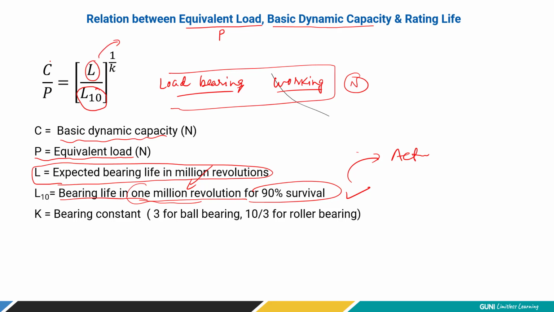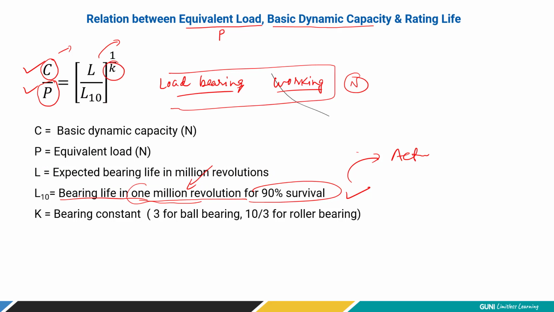If basic dynamic capacity is given to you, what should be the equivalent load you can apply by combining the effect of thrust load and axial load, right? So this equation is very important to find out the expected life in actual working condition by considering the basic load rating, which is design capacity, and the actual equivalent load, which is actually coming on the bearings, right? Now here, the K is basically the bearing constant.